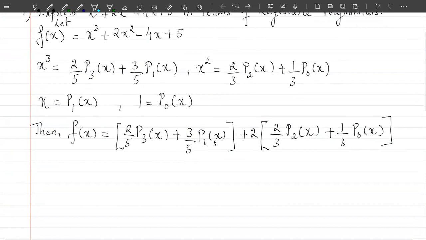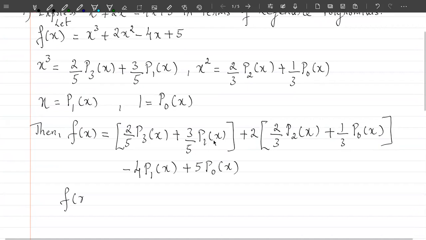Next you have minus 4x, which is minus 4 into p1 of x, plus 5, that is plus 5 into 1, where 1 is equal to p0 of x.